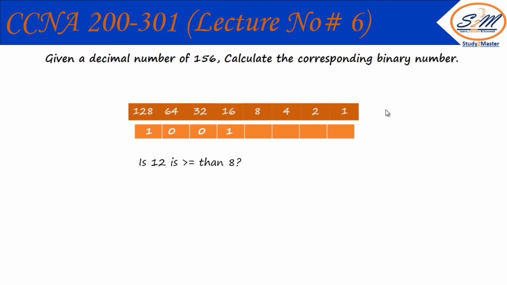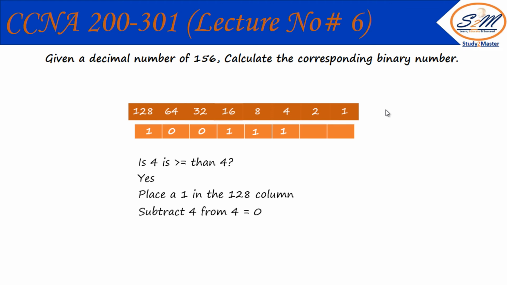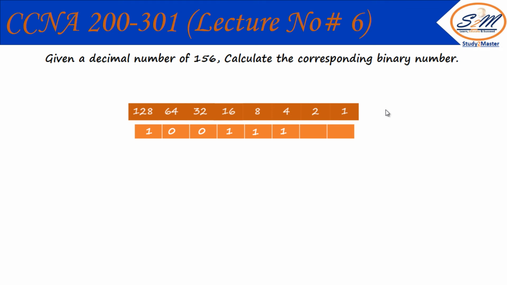Is 12 greater than or equal to 8? Yes. Place 1 in the column of 8. Subtract 8 from 12. Now it's equal to 4. Is 4 greater than or equal to 4? Yes. Place a 1 in the column of 4. Subtract 4 from 4, which is equal to 0. Is 0 greater than or equal to 2? No. Place a 0 in the column of 2.